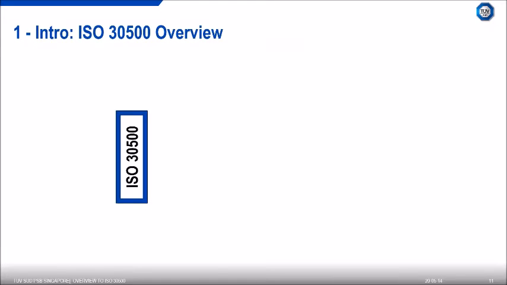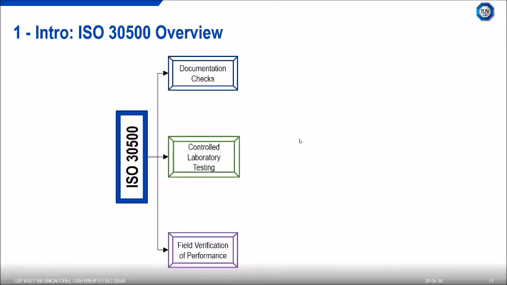So the way the standard is structured, it can be grouped into three groups. If you're a manufacturer going for certification or someone trying to understand the standard so that you can adopt it in your country, the way the standard is structured, we look at document checks, control lab testing, and field verification of performance.